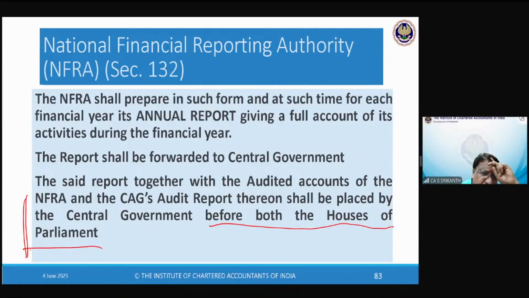Similarly, every decision, every report will be placed before the House of Parliament. What is Parliament? The place where the representatives of the people meet. Every one of those members of Parliament is a representative of a parliamentary constituency. He represents the people of this country. And through him, the people are informed.